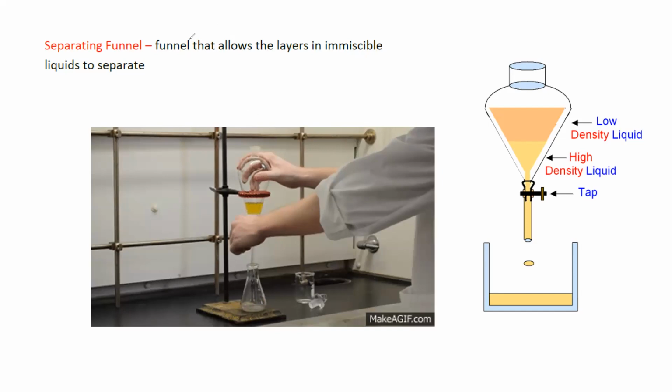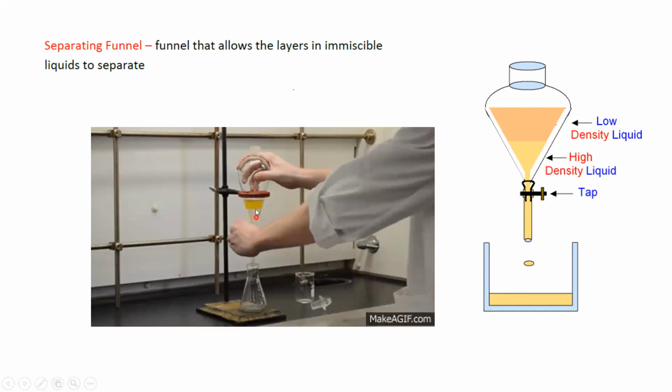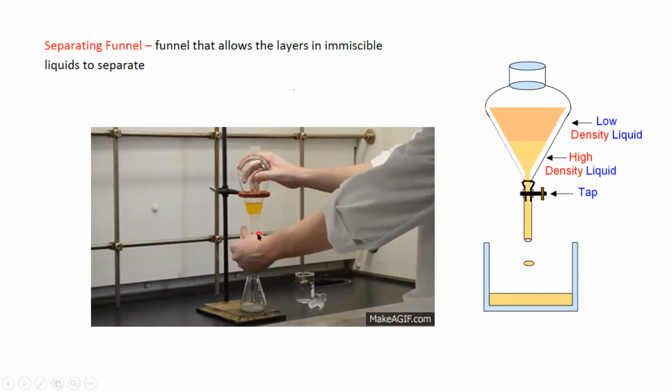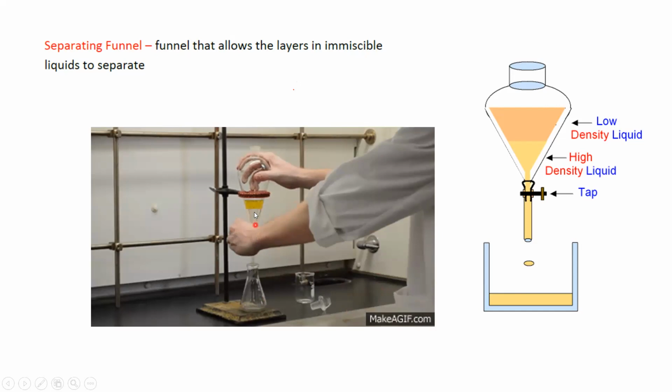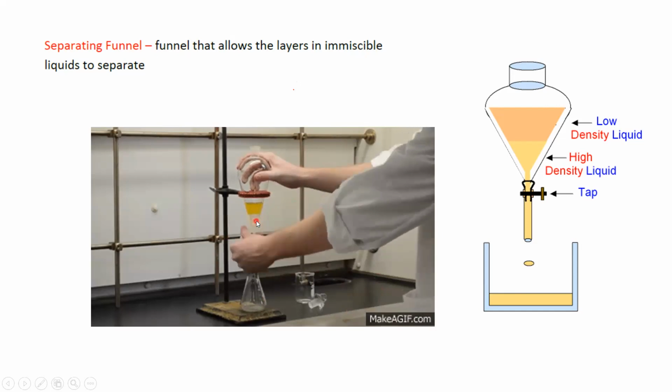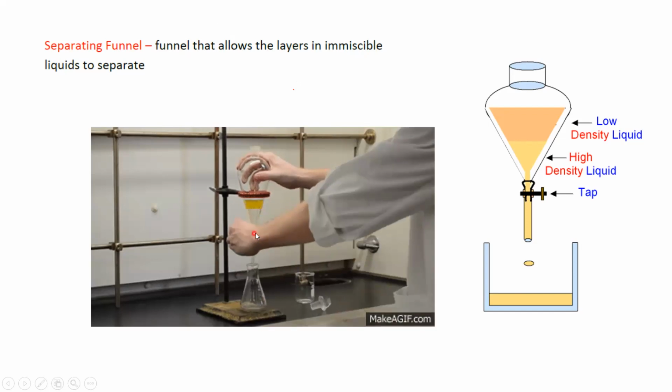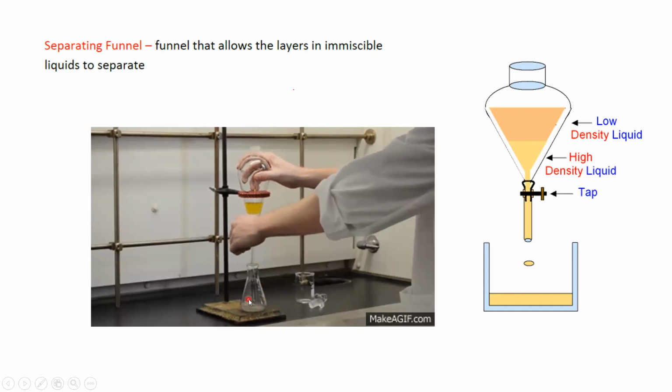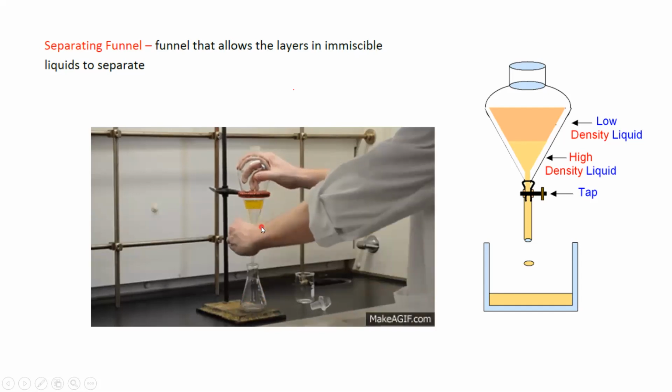When we open this tap, the water will come down. Once all of the water is removed, we have to close the tap so that it is left with oil. Once the oil reaches the tap, you will close the tap. So in the conical flask you are left with water, and in the funnel you are left with oil.